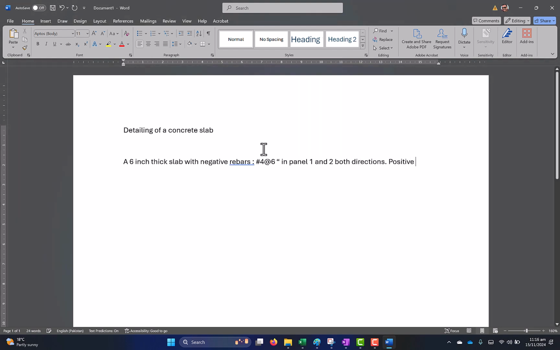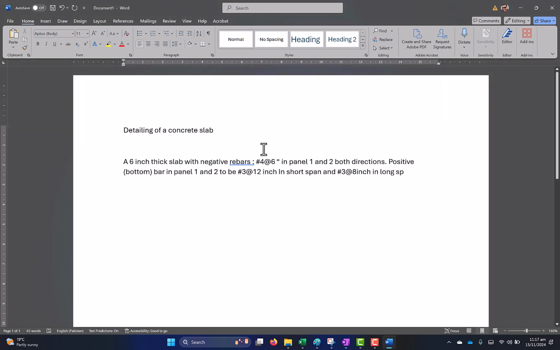The positive or bottom bar in panel 1 and 2 is to be number 3 at 12 inches in the short span, and number 3 at 8 inches in the long span.